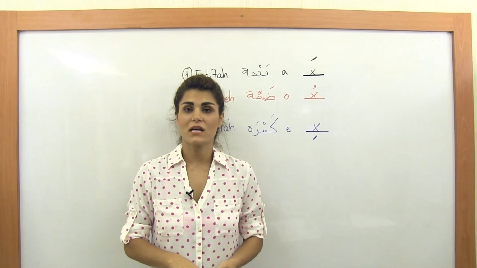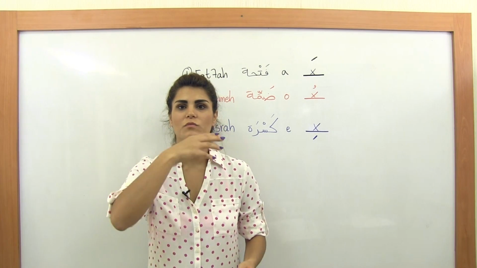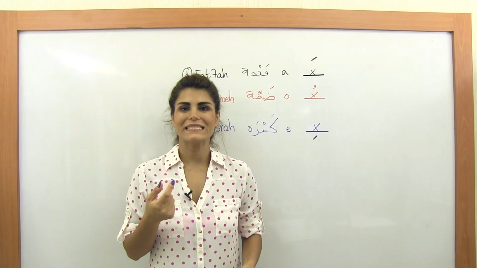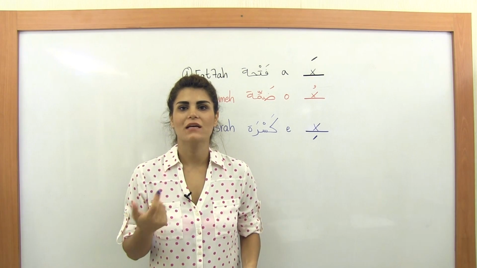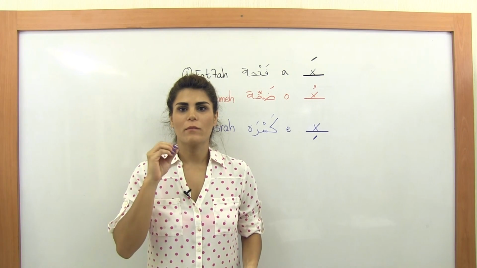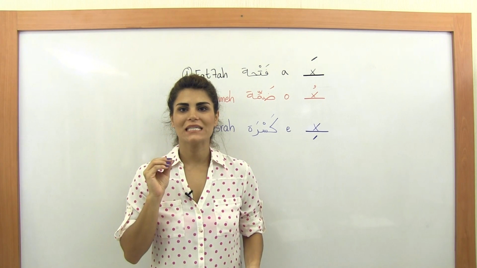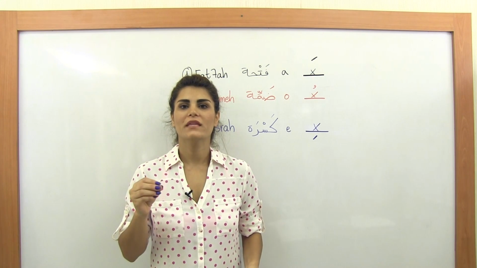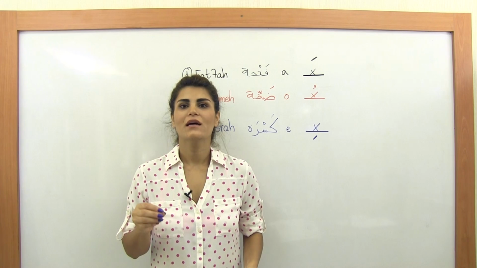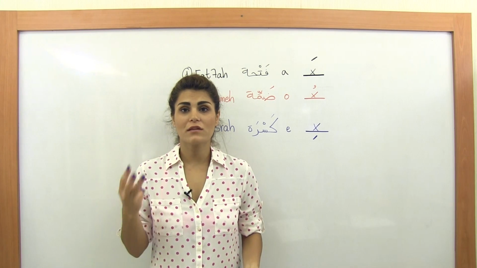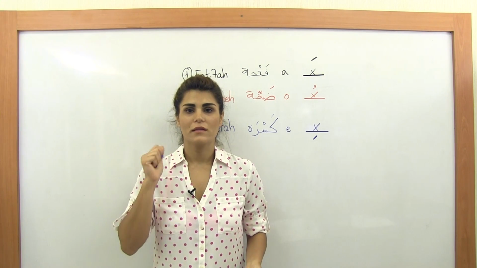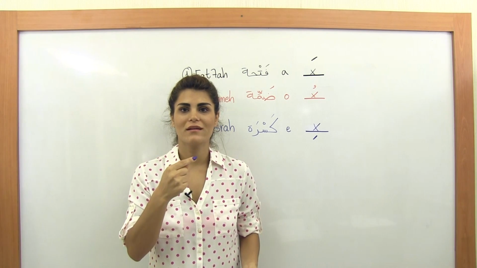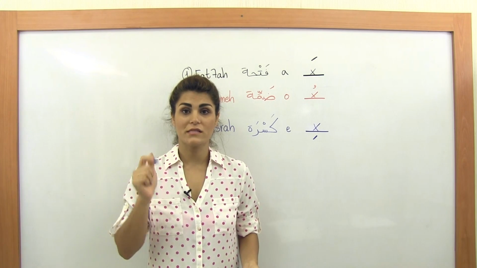Kasra comes from breaking the shape of the mouth down. So try to say I, and you will understand it. So from a, o, I: b, t, th, ne, ye, we. These are the 3 short vowels. Now you can understand the meaning, so you can link it to the shape of the mouth to remember the name and the sound as well.